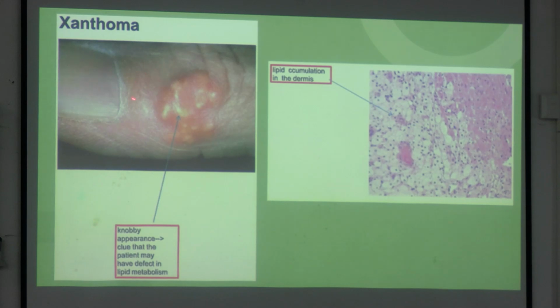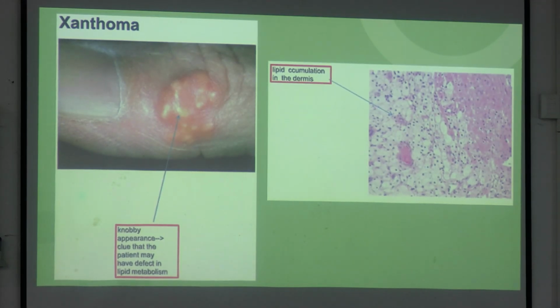So with this knobby appearance, the patient may have a defect in lipid metabolism. This is called xanthoma. You can appreciate the yellowish tinge of this tumor and the knobby appearance. This is a rough appearance, multiple knobs.